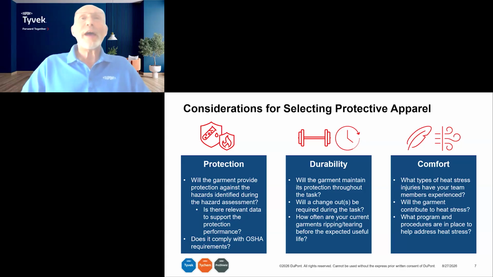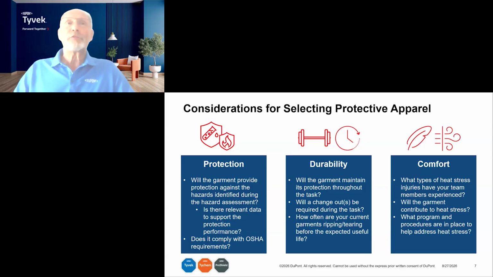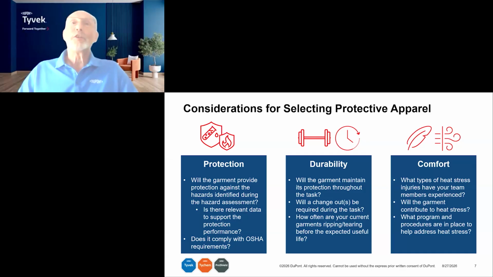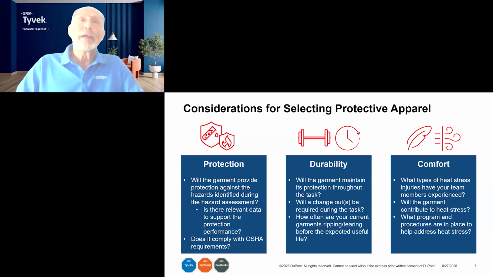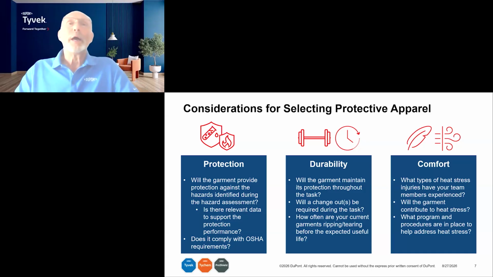Will the garment provide protection needed against the hazards you identified during the hazard assessment? Do you have access to data information that's needed to support the PPE that's selected? So again, we're assured that it's going to protect against those hazards.